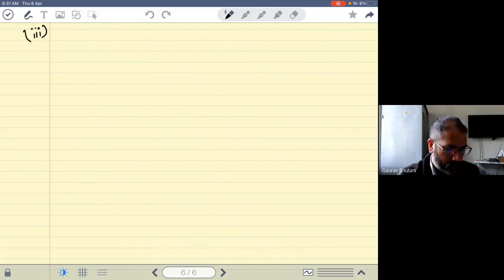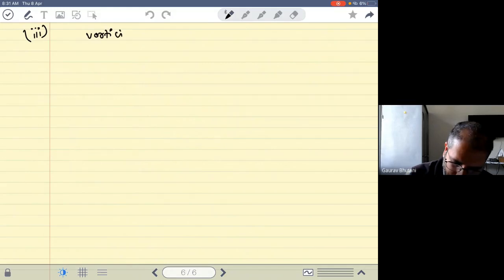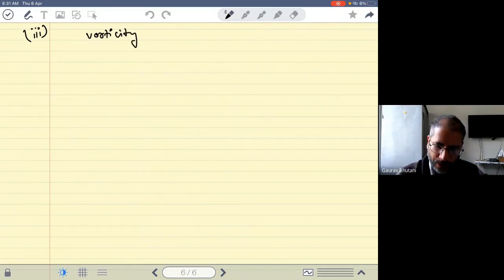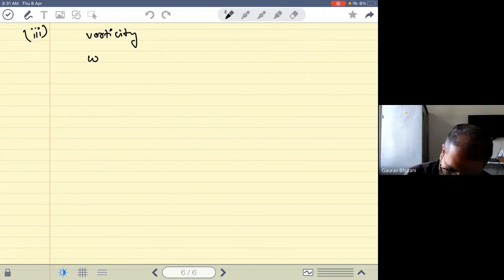So next we have to find the vorticity. Again, we're talking about vorticity in the z direction. So vorticity is just the curl of velocity.